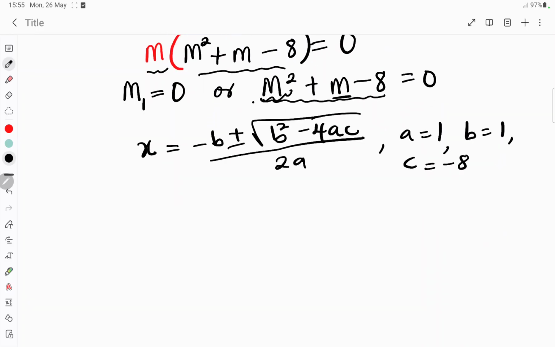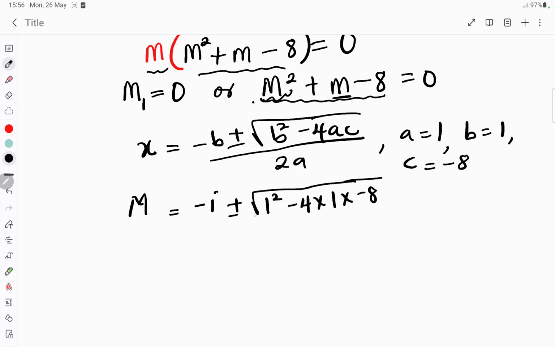So using m now to serve as the one we are looking for, m will be equal to minus 1 plus or minus the square root of 1 squared minus 4 times our a, which is 1, and our c, which is minus 8, then divided by 2 times 1, because a is 1.